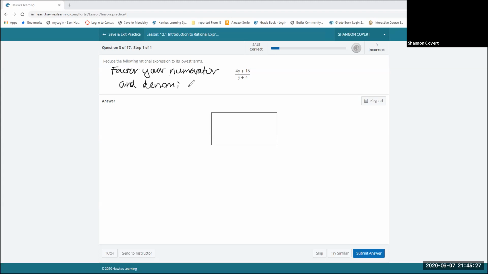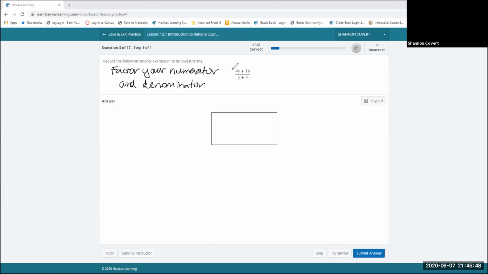And again, I always like to think about what the restrictions are. I'm probably going to ask you that every time anyway and talk about it, but it's not asking for it in this problem. Remember factoring? We did that in the previous section.